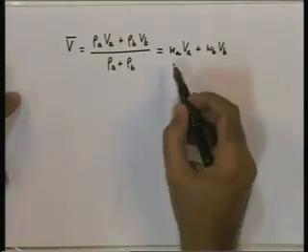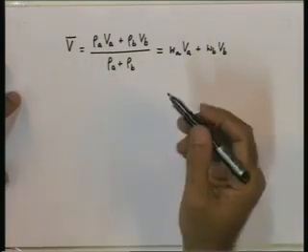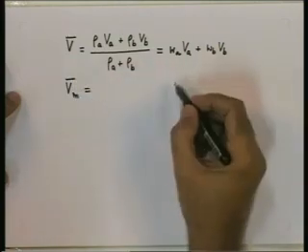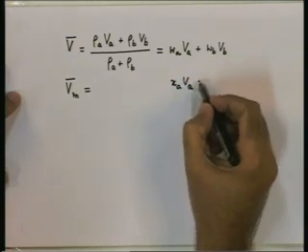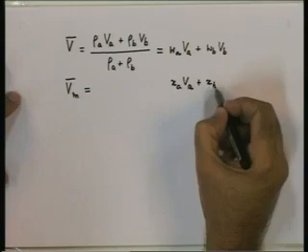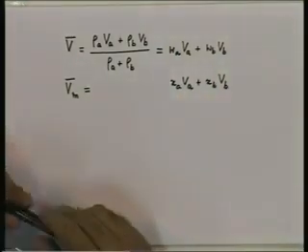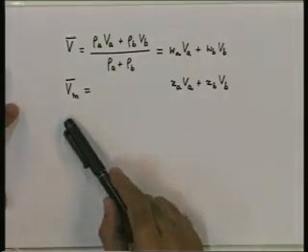Now notice that this is the mass fraction averaged velocity, whereas we had V bar molar equal to XA VA plus XB VB. In general, mass fractions are not equal to mole fractions, and hence there is no reason why in a general case the average velocity should equal the molar average velocity.